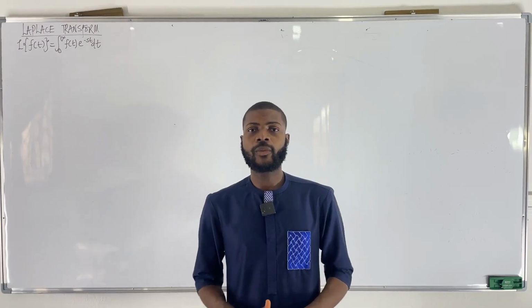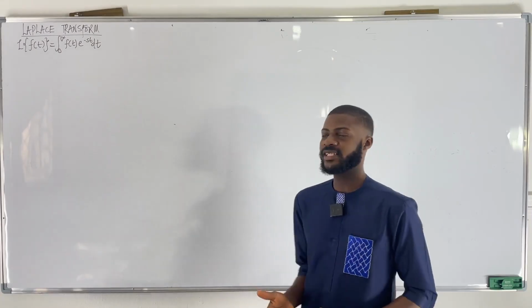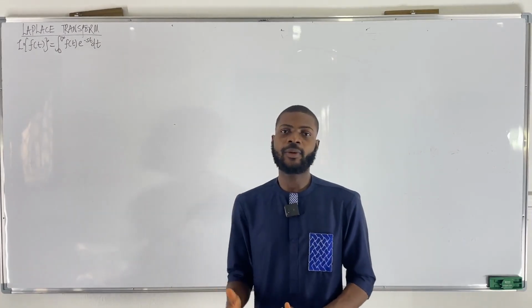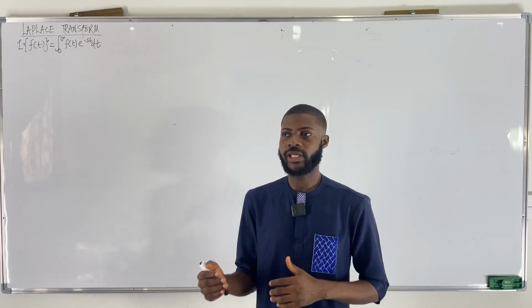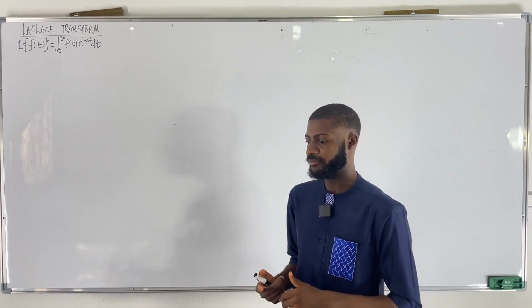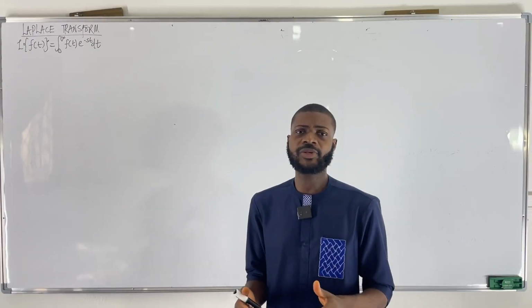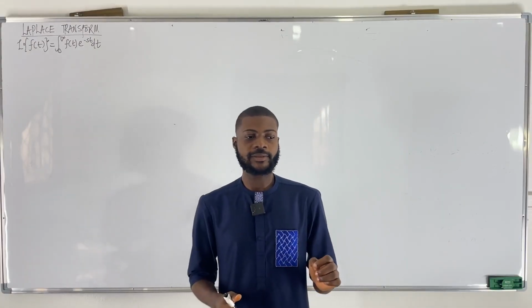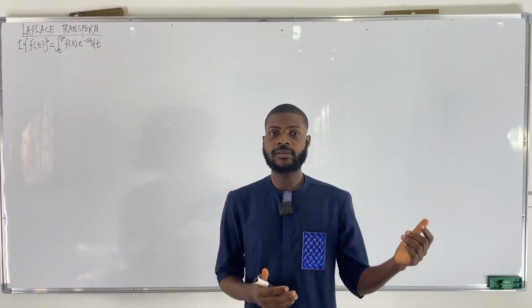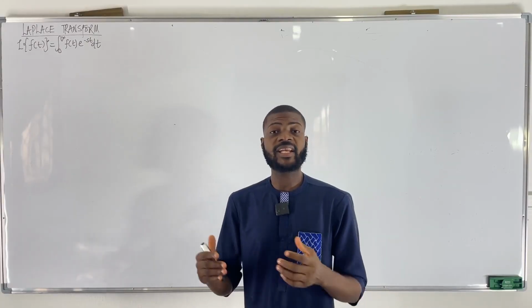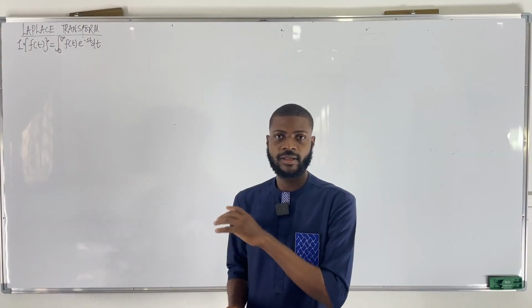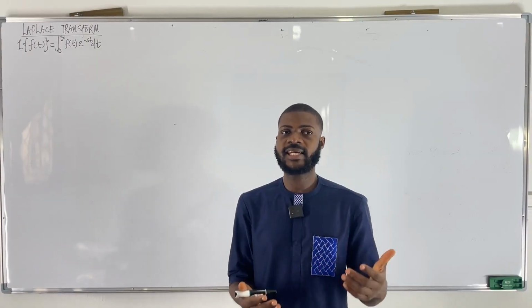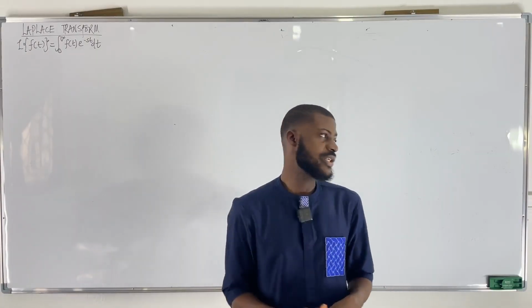In this video, we're going to be looking at the Laplace transform of the hyperbolic functions, that is sinh at and cosh at. Now, in the previous video, I expressed sine and cosine in terms of an exponential. There's also a way to write sinh and cosh in terms of exponentials.